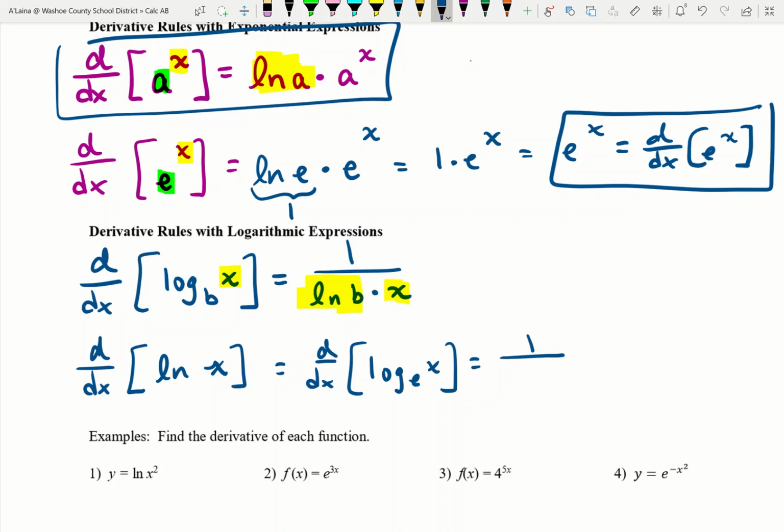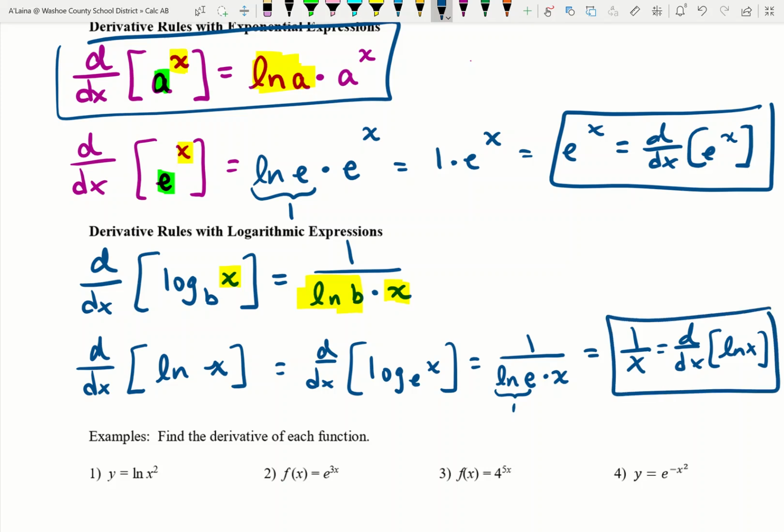It's 1 over the natural log of the base, which is e, times the argument, which is x. But the natural log of e is 1. So we end up with 1 over x as the derivative with respect to x of the natural log of x. This one is worth memorizing because it shows up so often. These are the 4 rules that you're going to want to become very familiar with and get memorized.